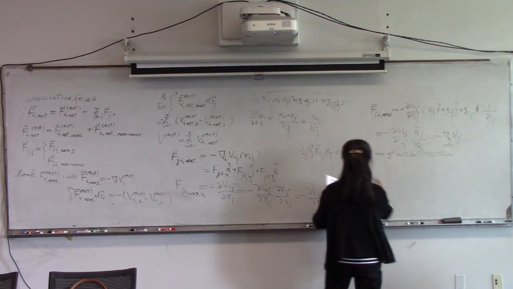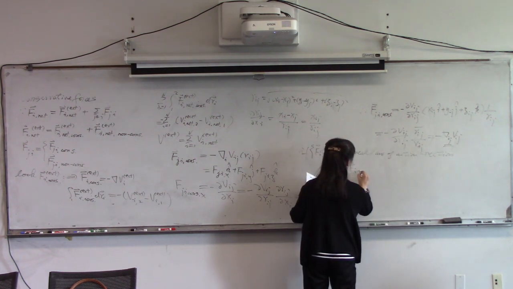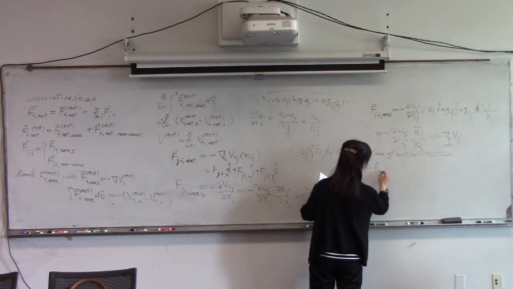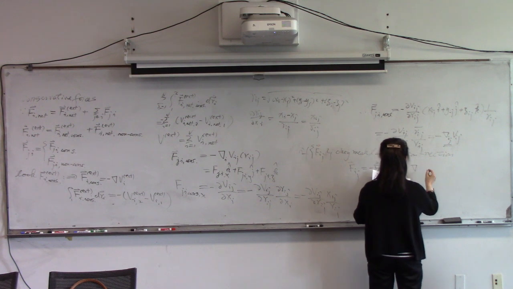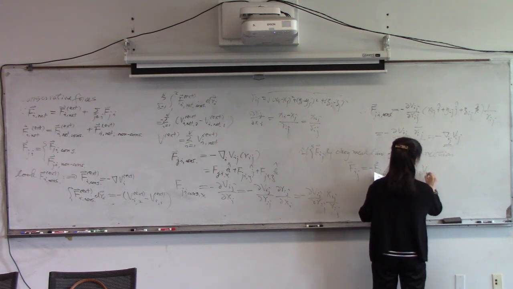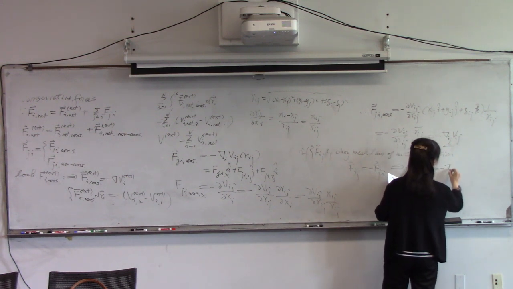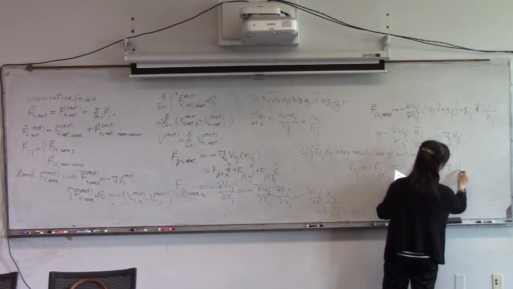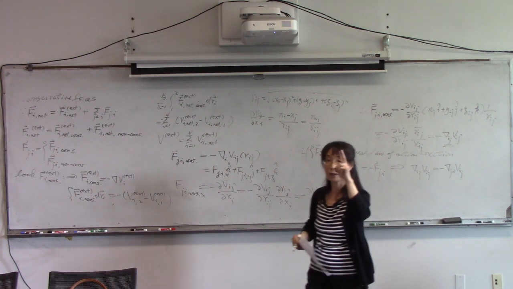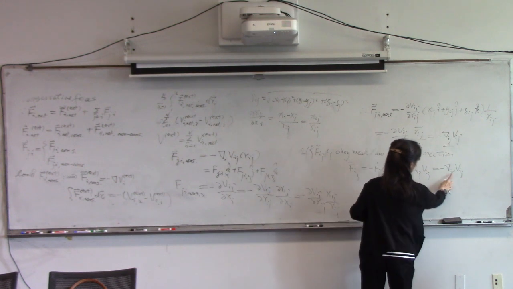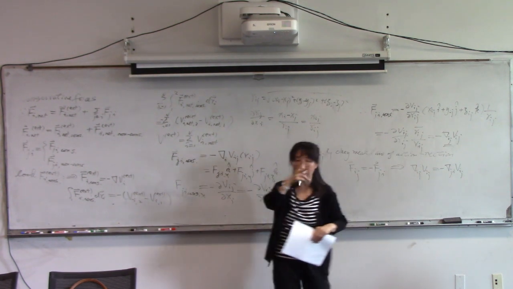What happens? We know that the force F_ij is negative F_ji, right? So that means the gradient of V_ij is the negative gradient of V_ji. V_ij and V_ji are the same, right? Because potential is a scalar. But for the gradient, if you change the index, you have a negative sign, right?